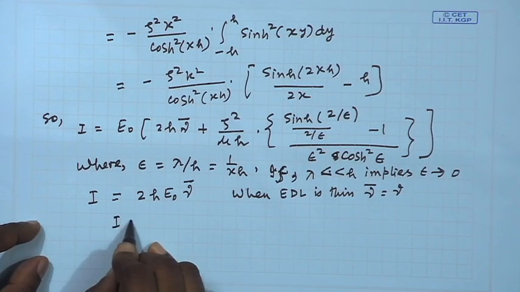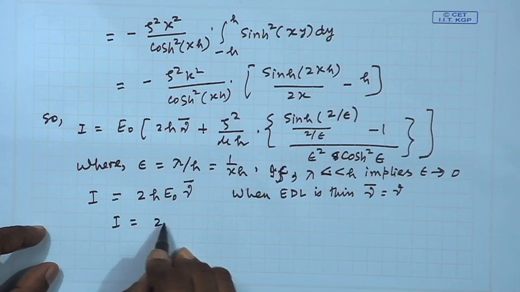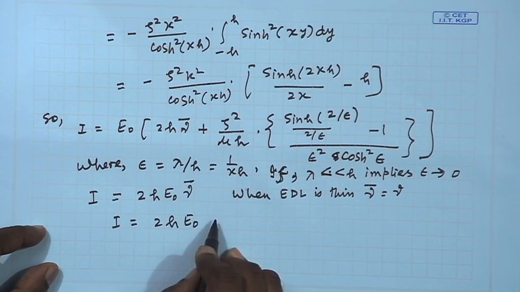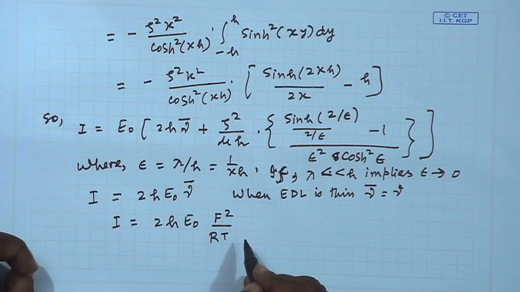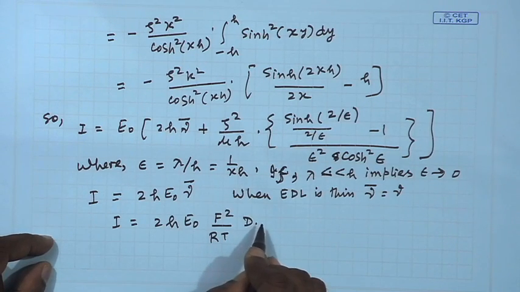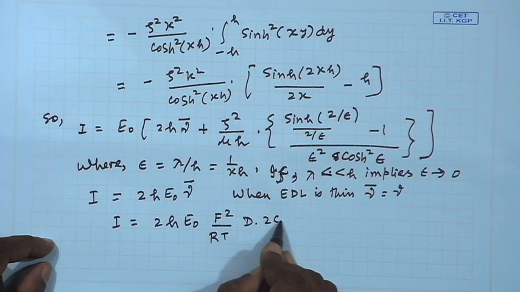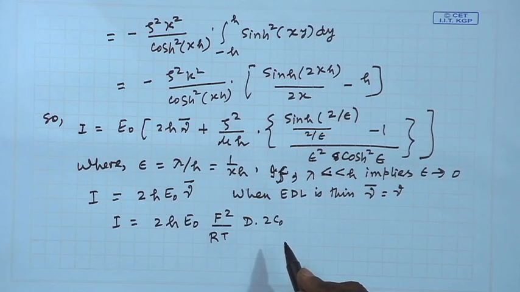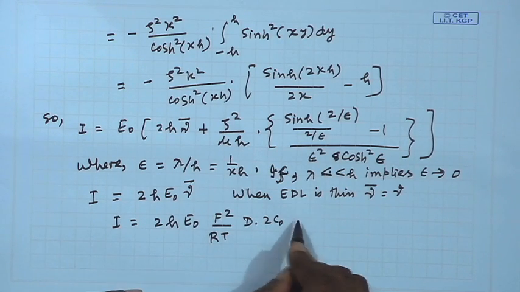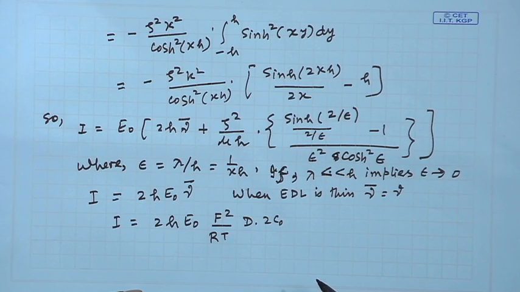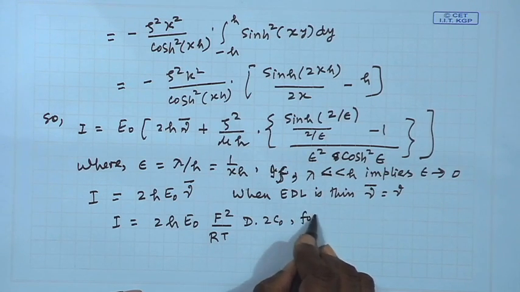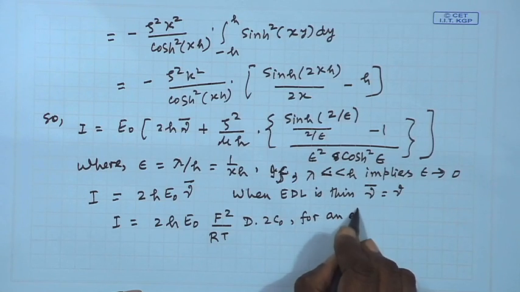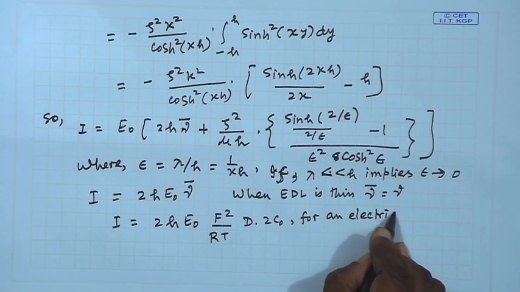So this I becomes 2h E0 f square by RT d into 2C0, because the ionic concentration becomes 2C0, as 2C0 is sigma Zi. So this is for an electrically neutral situation.